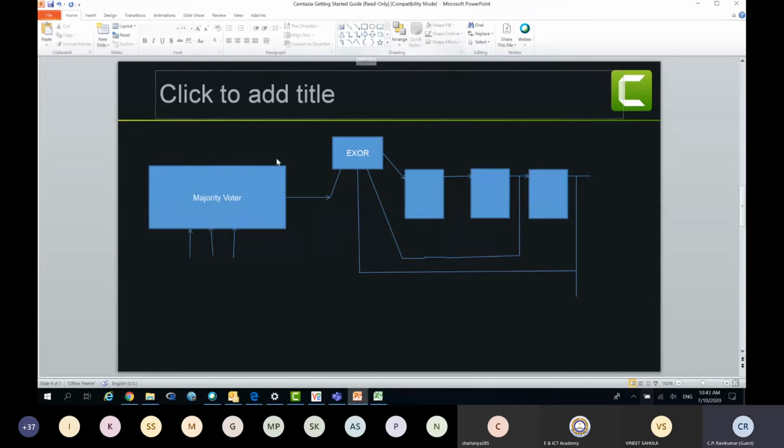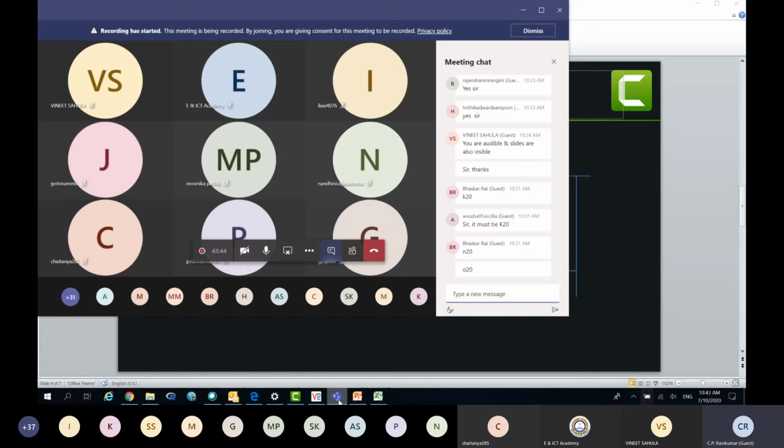I hope all of you have now figured out the logic for the majority voter. If 2 or more bits are 1, the output of the majority voter is a 1. If 2 or more bits are 0, the output is a 0. So can you think about what the logic is going to be and tell me?